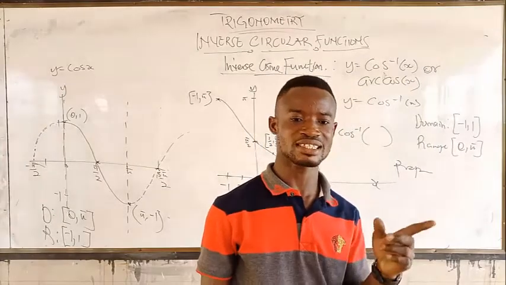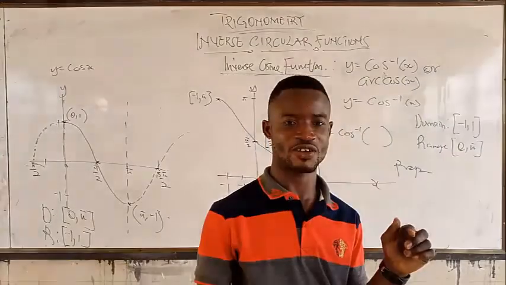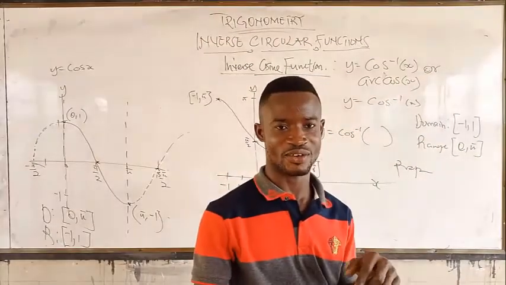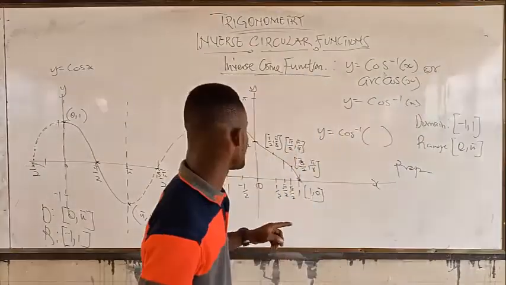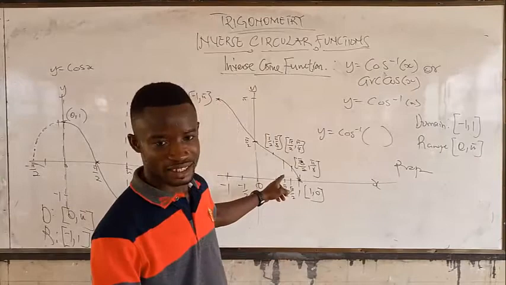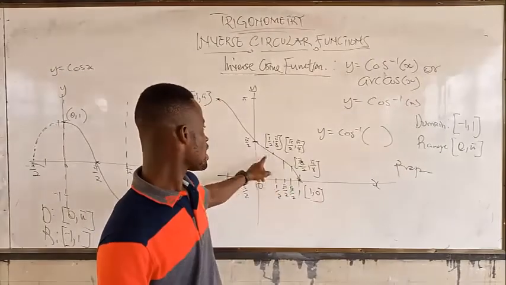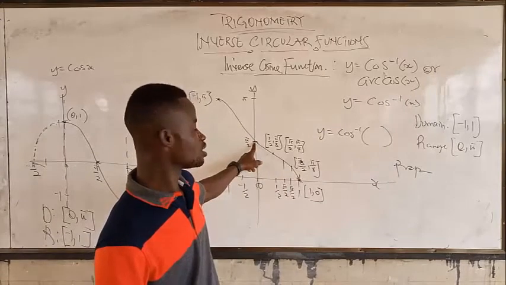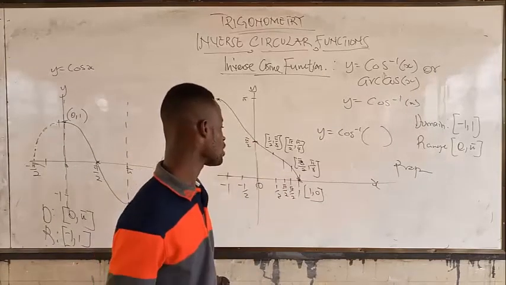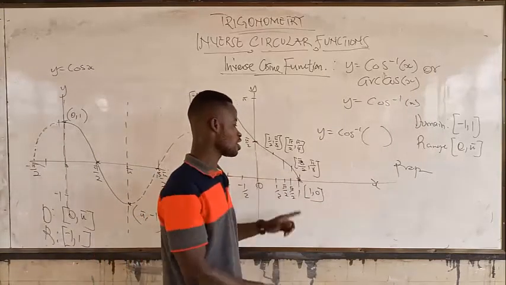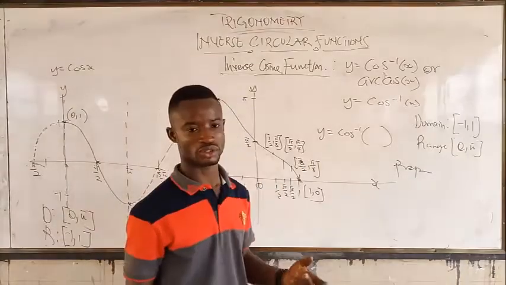Don't forget, the x-intercept for sine inverse is 0, and the y-intercept is 0. But with this, you can see that the x-intercept is 1, and the y-intercept will be pi on 2. Very good. So from the graph, you can see it.